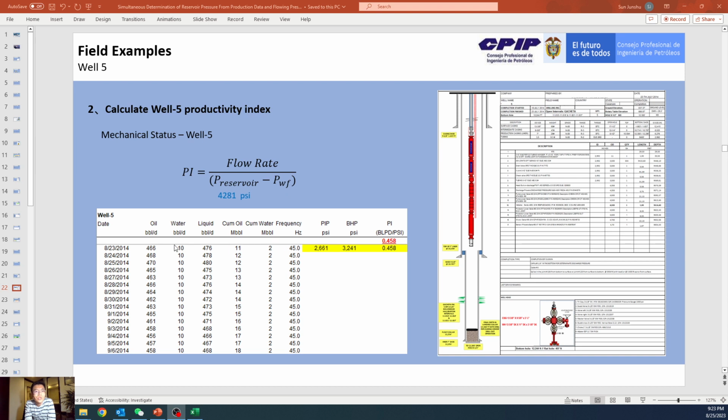Then using the first flowing rate, we can get the PI is around 0.458 barrels per day per psi.